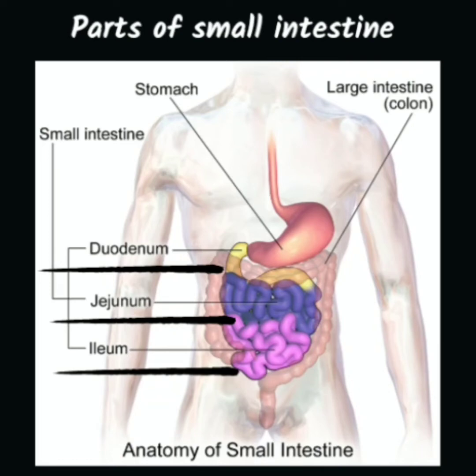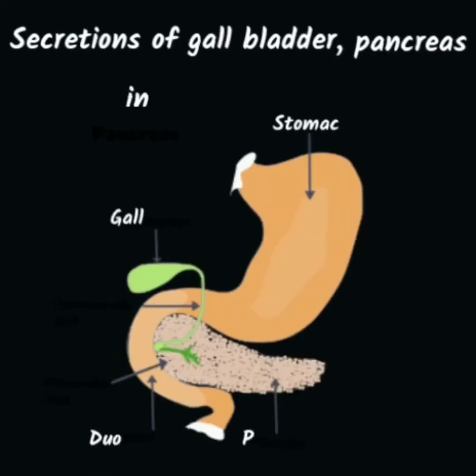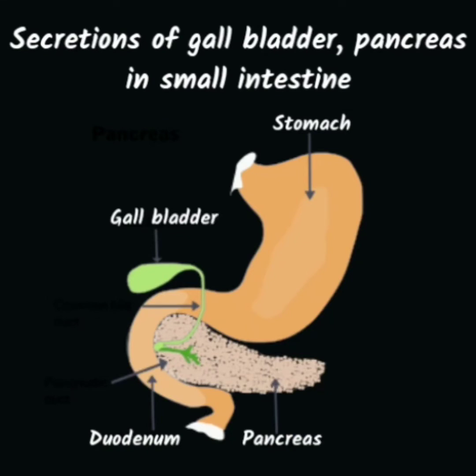Now, moving on to the next part, the secretions of the gallbladder and pancreas are released in the small intestine.